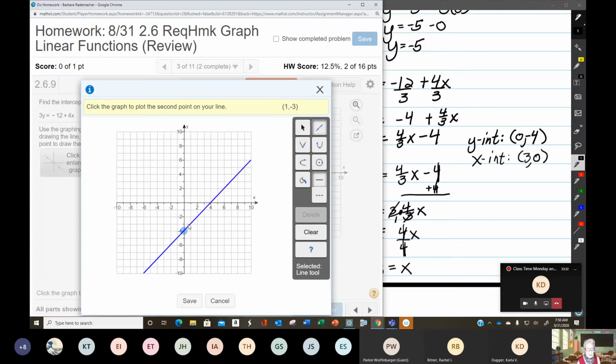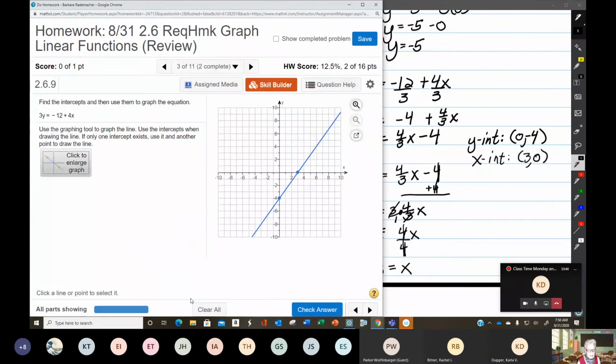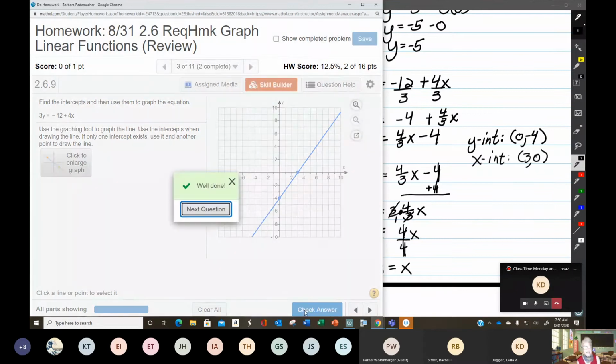Now the x-intercept is going to be (3, 0). And I save, and I check. Yay. Okay, we have graphed 3 linear functions, in other words, straight lines, with the intercepts. This is the x-intercept, this is the y-intercept.